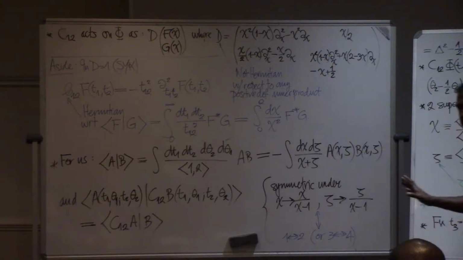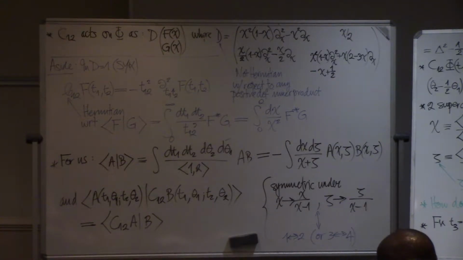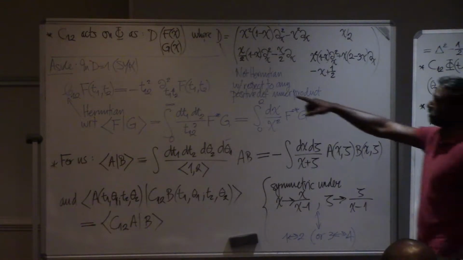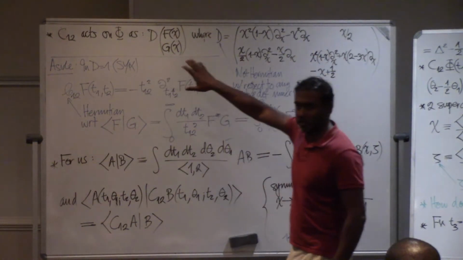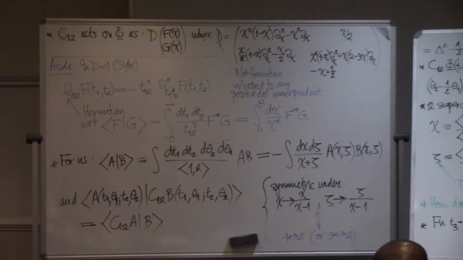The derivatives change in a particular way when I make this change of variables. That, together with the way g transforms to make sure that this guy is invariant, tells me that D is also invariant. Okay.